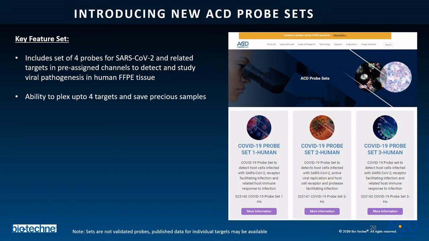We do also have probe sets for applications in neuroscience, and you can get more information on those on our website. The probes in these bundles are in pre-assigned channels, so it prevents you from going through that one extra step of assigning probes in different channels, and just gets you jump-started on your research projects.